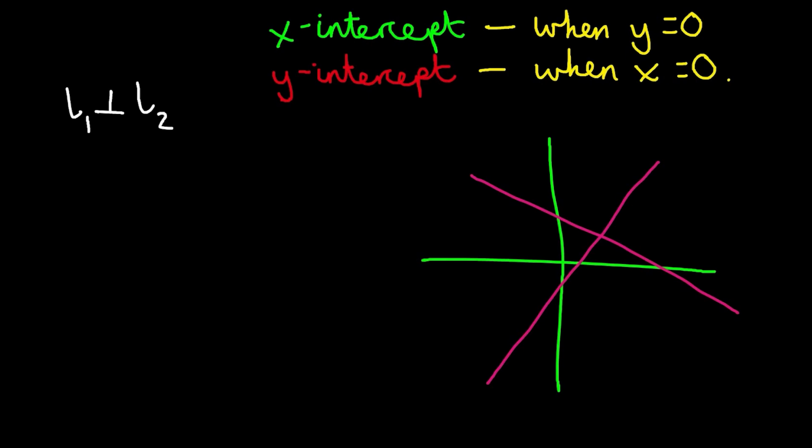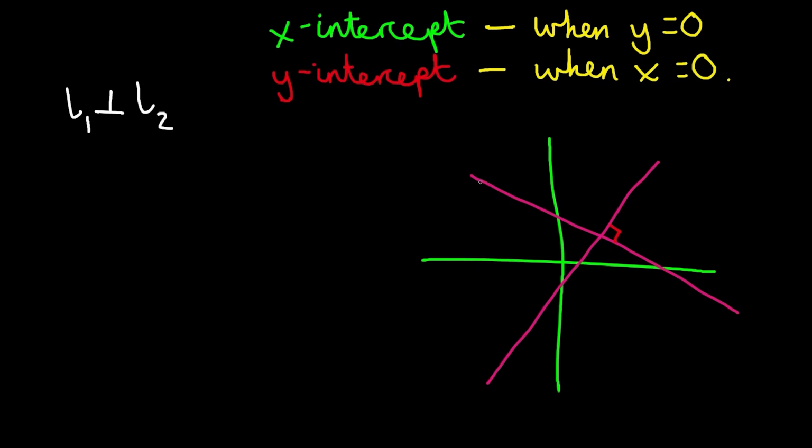Perpendicular lines are lines that have a right angle where they cross, and this means that there's some kind of relationship between their gradients.